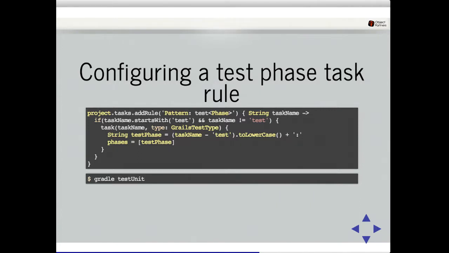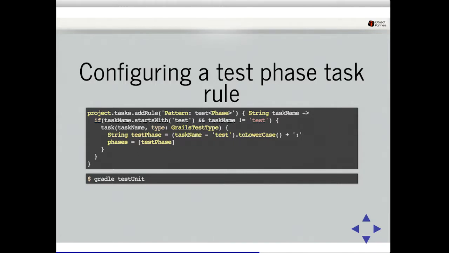Another nice thing to do when I apply this plugin is I usually create this rule as well, and this allows people to execute a test phase just by typing in a test task on the command line for Gradle. So this just creates a task rule that says anything with test followed by something, we're going to peel off that prefix, and we're going to treat that as the phase to run.